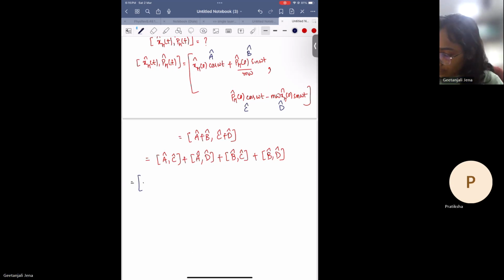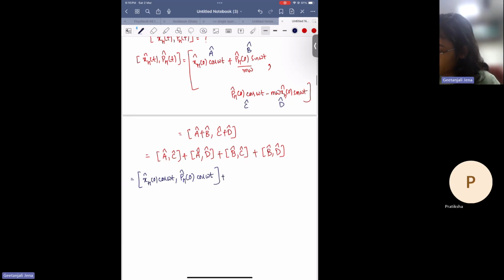So AC is x0 cos omega t and C is p0 cos omega t. Then AD is the first term multiplied by D, which is minus m omega x0 sin omega t.